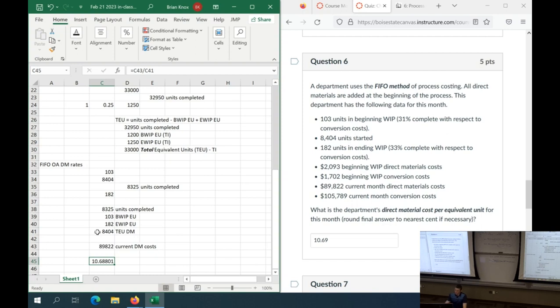We would have a different total equivalent units because for conversion costs, beginning WIP physical units is not equal to beginning WIP equivalent units, so we can't cancel them out. And ending WIP physical units is not equal to ending WIP equivalent units for conversion costs because they have percent completes that are less than 100%. But yes, everything else was right, what you said, yeah.